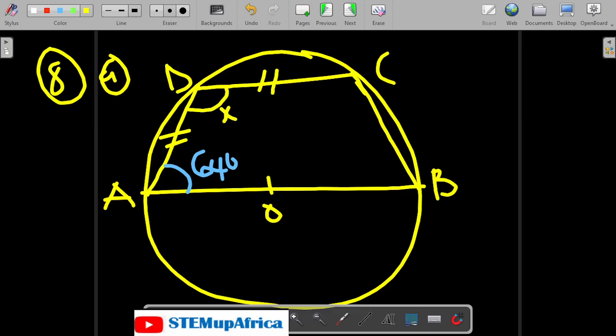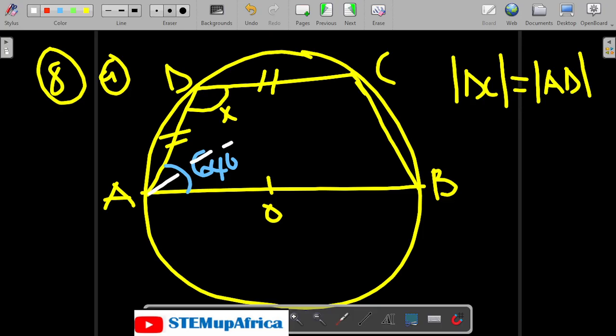By telling us that DC equals AD, it means that ADC is an isosceles triangle. So I can join A to C to form the isosceles triangle. By doing so, I obtain a different triangle ABC, in which angle C is 90 degrees.